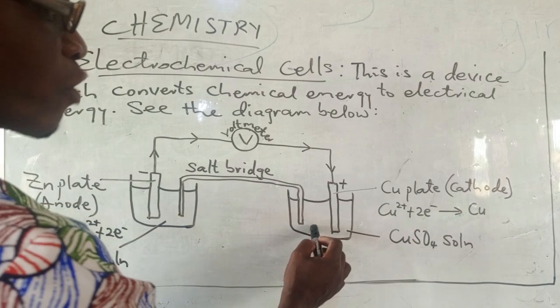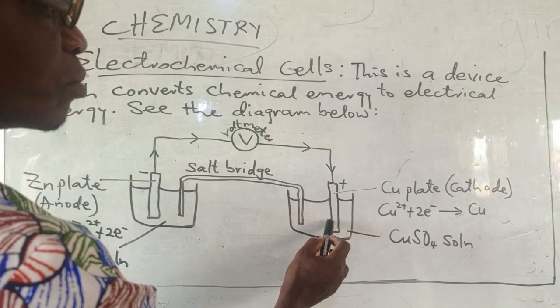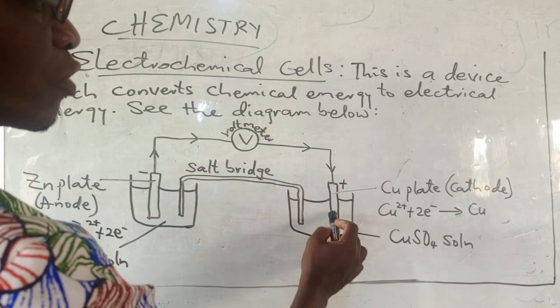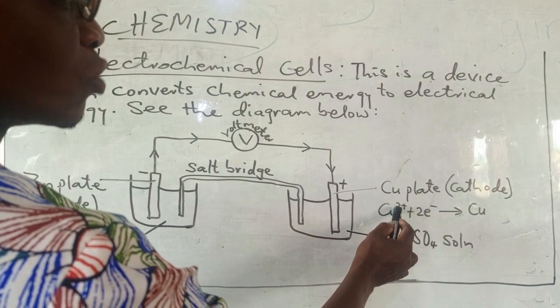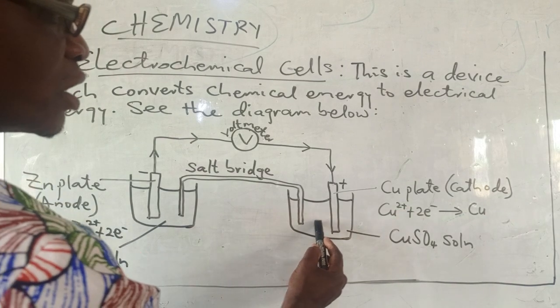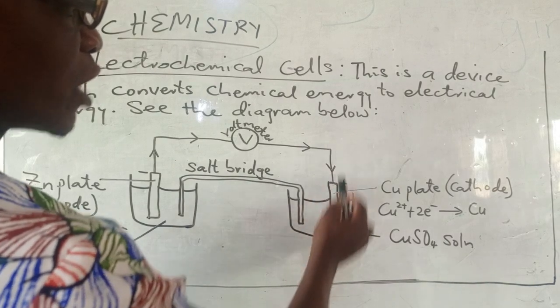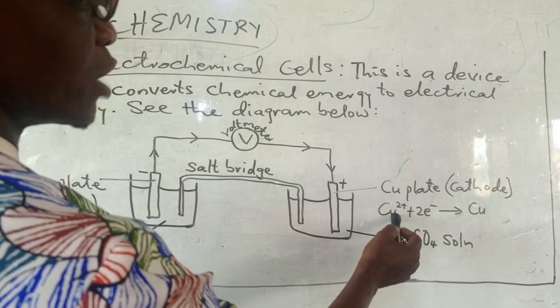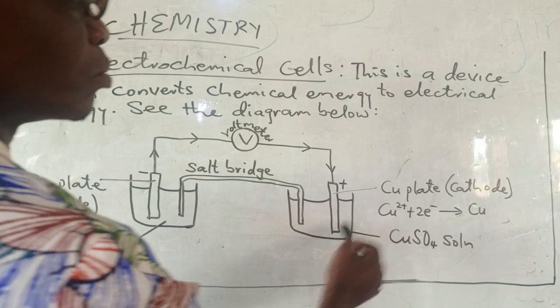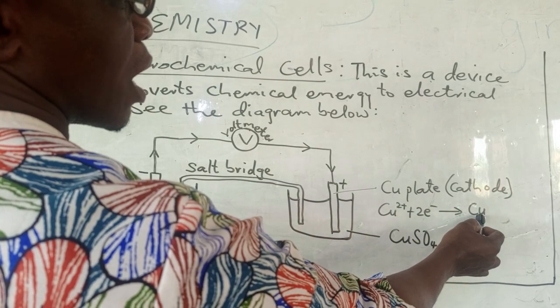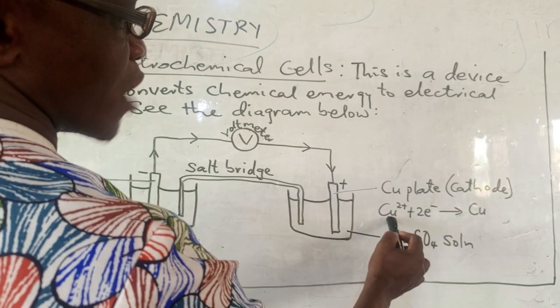This copper ion from the solution will move down to the plate as the electrons are flowing down, because it has already lost 2 electrons. As it is going to the plate, the 2 electrons are coming. It will collect the 2 electrons back and becomes copper atom, not copper ion again.